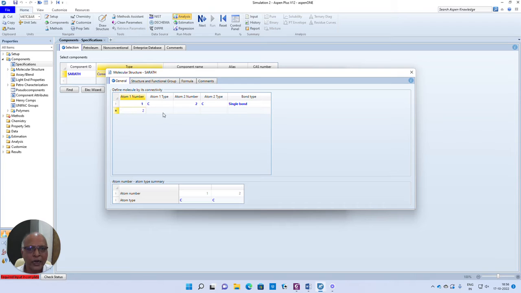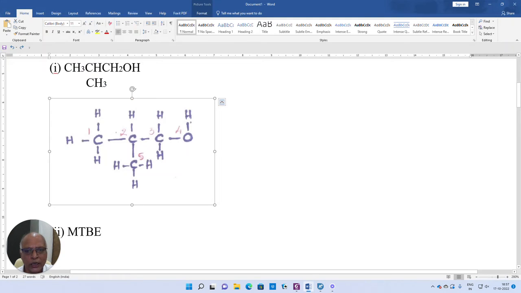Now in the same way, atom 2, which is defined already as carbon, is connected to atom 3, which is also carbon, by again a single bond. Then 2 is also connected to atom 5 as per the drawing, which happens to be again carbon by a single bond. 1 is connected to 2, both carbon. 2 is connected to 3, both carbon. 2 is connected to 5, both carbon.